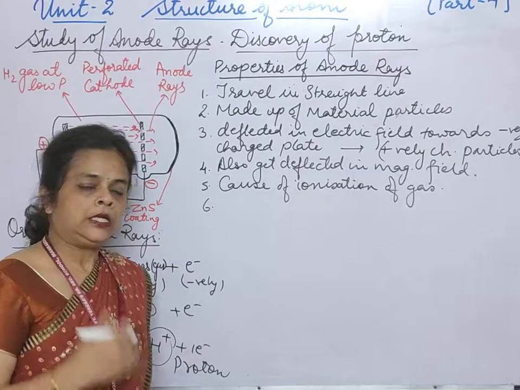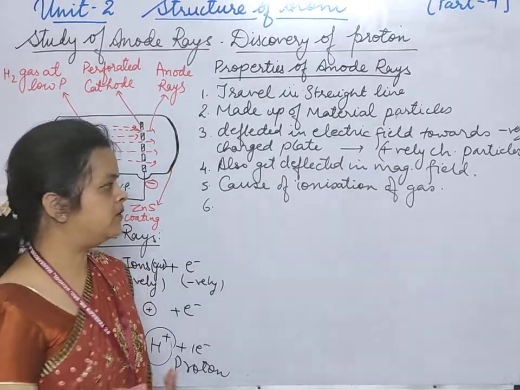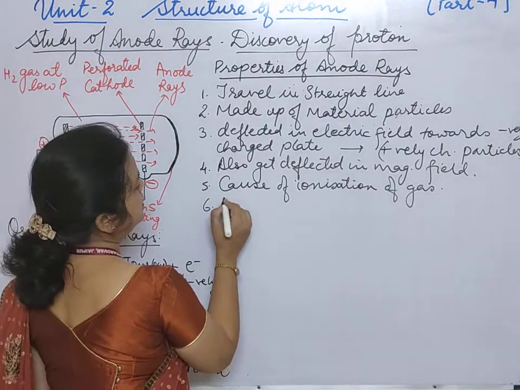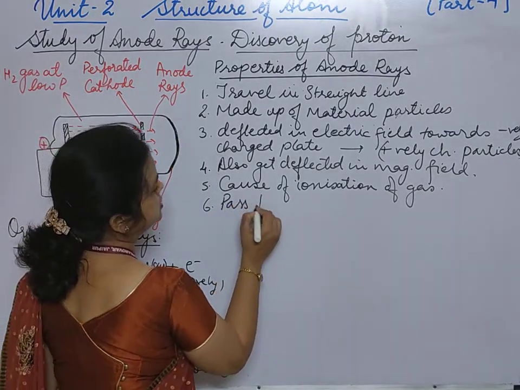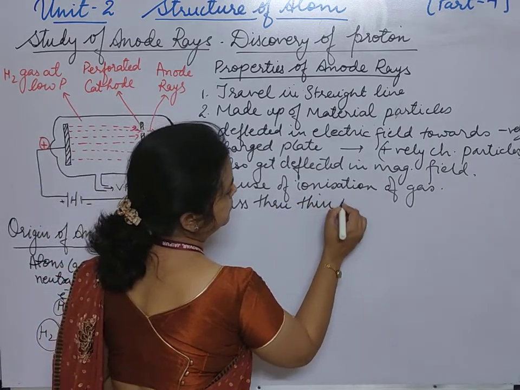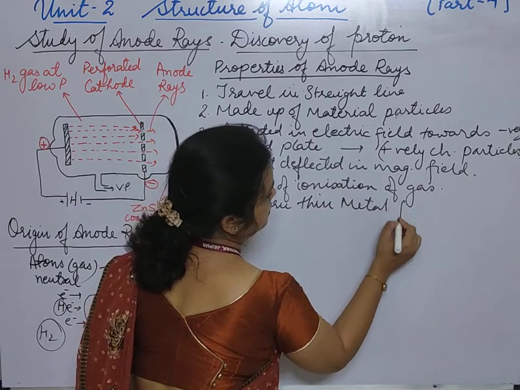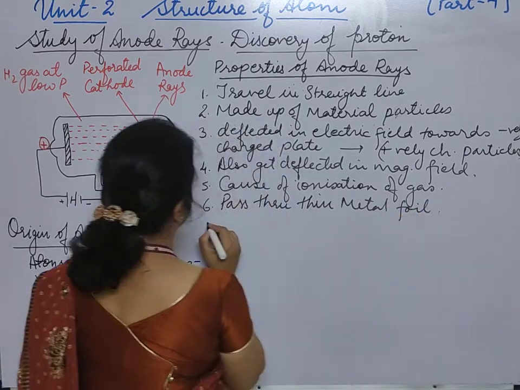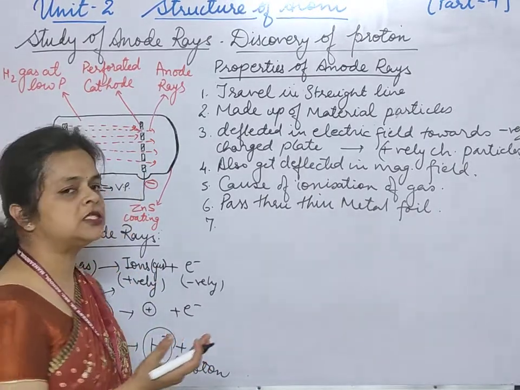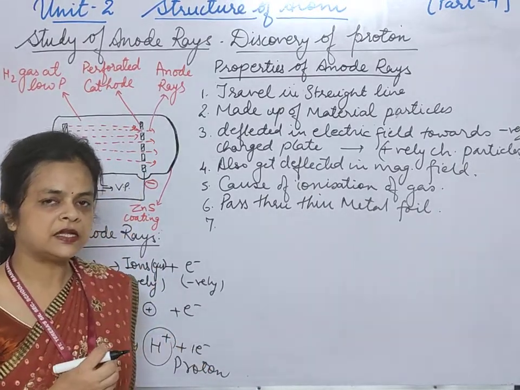Next point, cathode rays were showing penetration power. That means they can pass through thin metal foil. They can also pass through thin metal foil. They were producing green fluorescence when they strike a fluorescent material like a zinc sulfide screen.